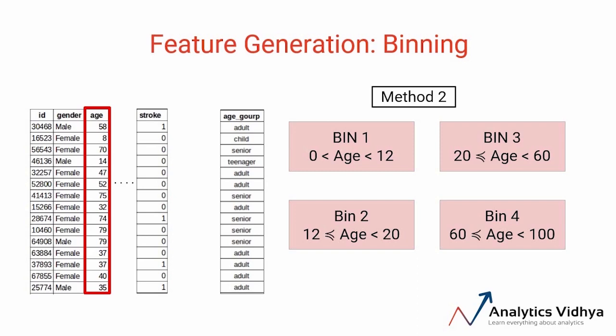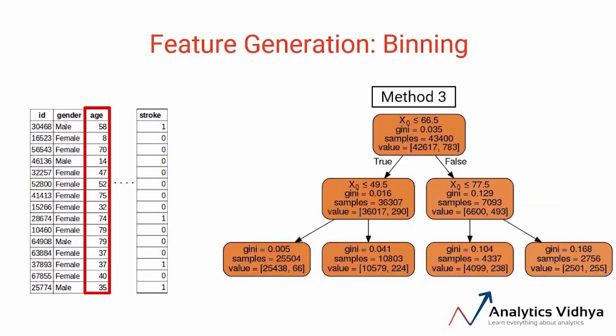This cutoff value or threshold value can also be decided using a simple decision tree. Here I have built a tree using age as the only feature and stroke as my target variable. The decision tree decides the best split of age such that it is able to classify that person will have a stroke or not.